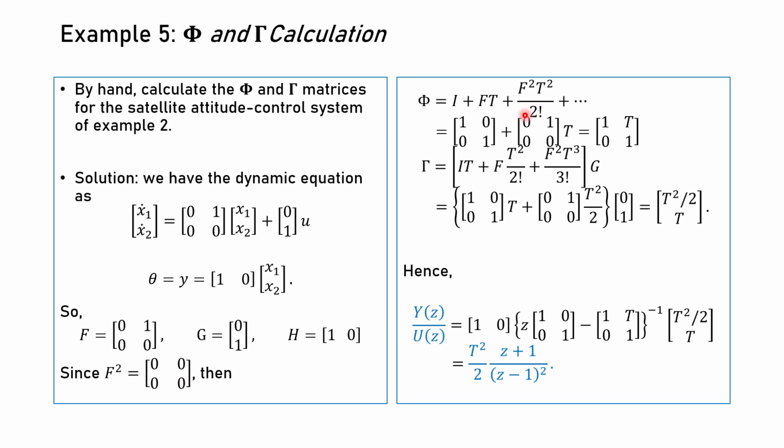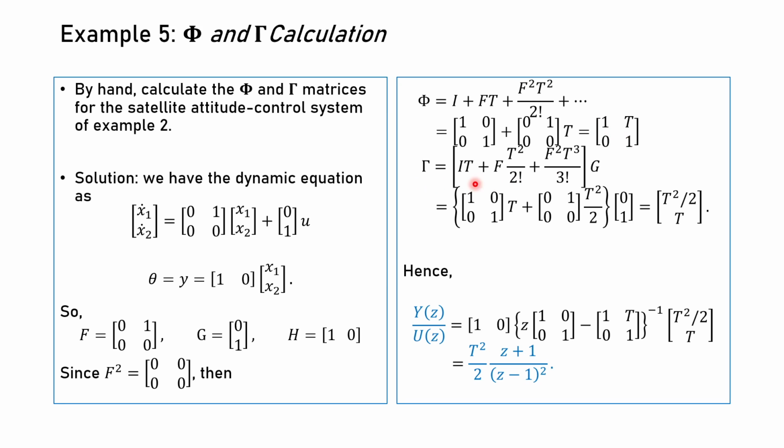Then the Taylor series is very convenient, right? The transition matrix phi is a Taylor series expansion. Because F squared is 0, the higher order terms disappear. You only have this term, and you can find it as this.